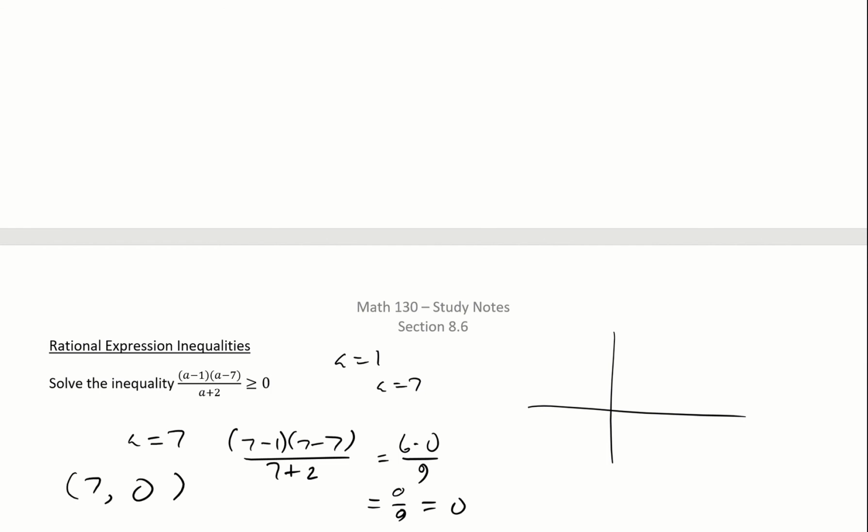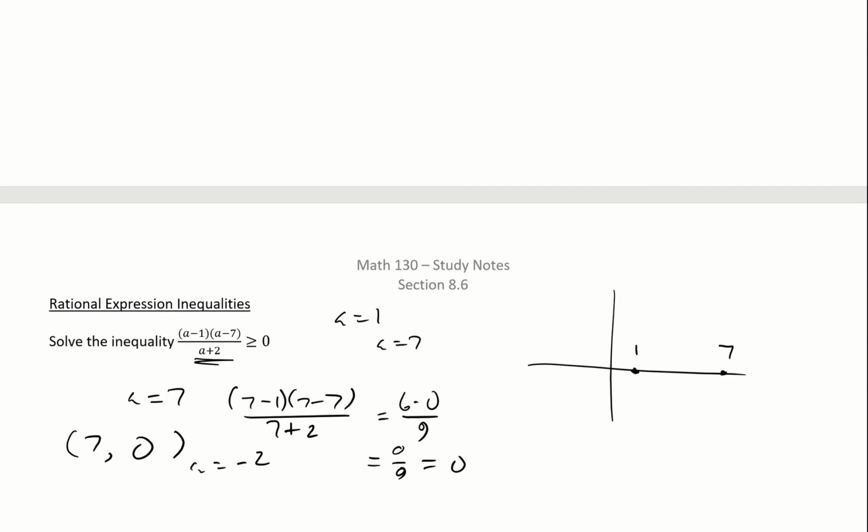Now, we're not graphing, but I want to show this to you graphically. So if you trust me and say, yep, I have a 0 at 1, and yep, I have a 0 at 7, this bottom guy, if you plug in -2, if a is -2, you get, okay, downstairs 0. What do we know about dividing by 0?